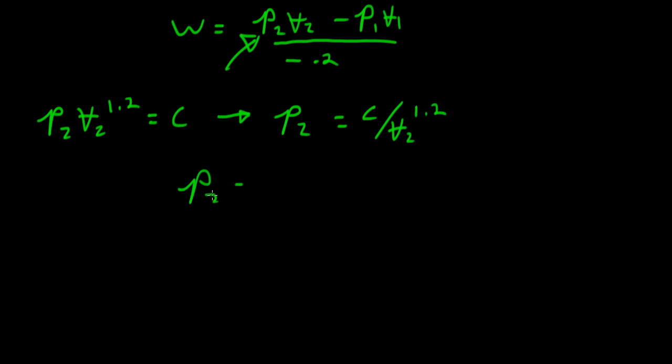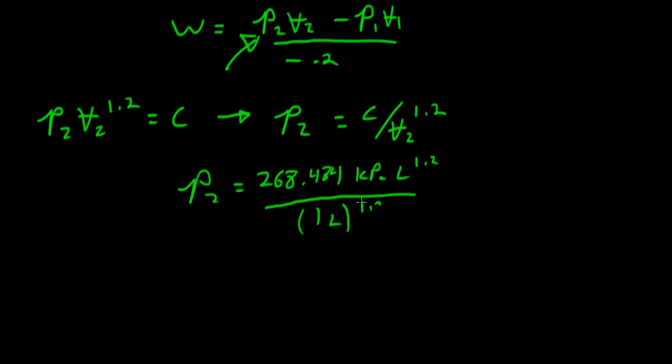We substitute in our values, 268.484 kPa liters to the 1.2, that's our constant, divided by volume 2, which is the volume at the end state, which was 1 liter, raised to the 1.2. And it tells us that our pressure is 264.484 kilopascals.